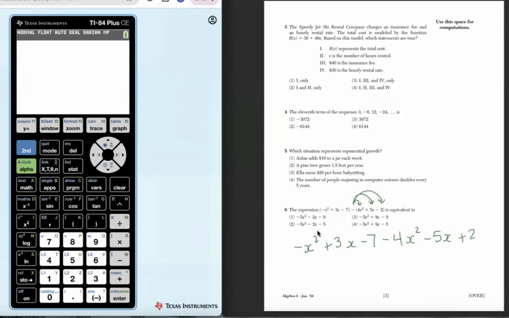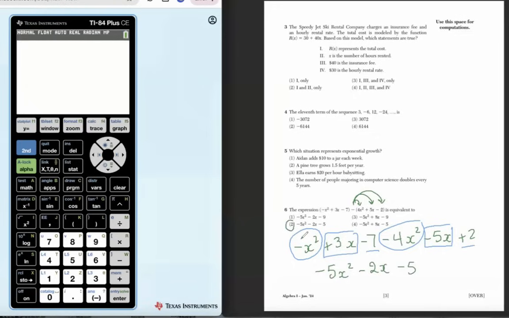Now we will combine like terms. We have negative x squared and negative 4x squared. We have 3x and negative 5x. And we have negative 7 and positive 2. So when we combine our like terms, we're going to end up with negative 5x squared minus 2x minus 5. So the correct answer is choice 2.